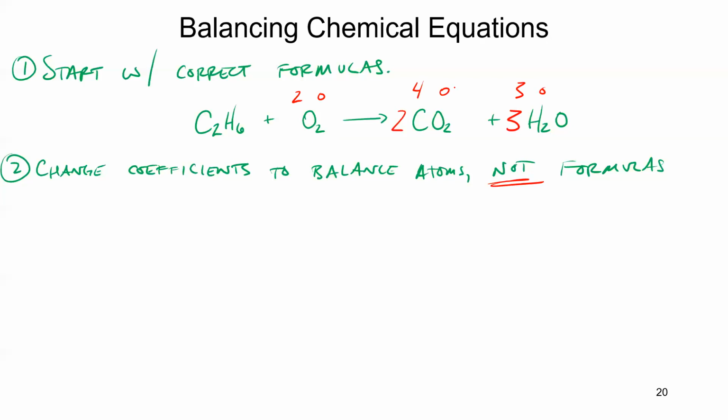And so I've got a total of 7 on the right in the product side, only 2 on the left. And so that means that I need a 7/2 here in order to balance everything out. It's got to be 7/2 because it comes as O2 rather than oxygen atoms separately. And so we end up with 7/2.